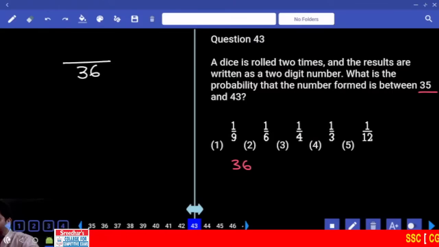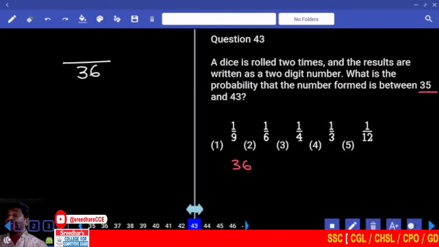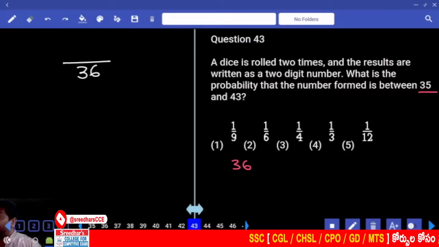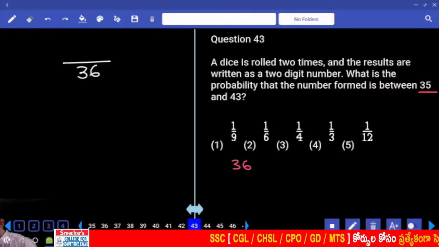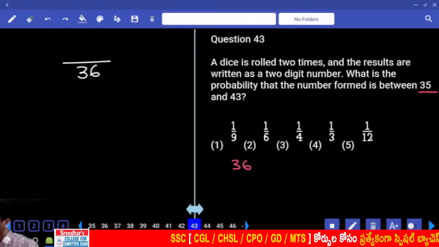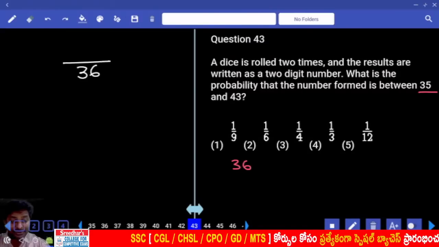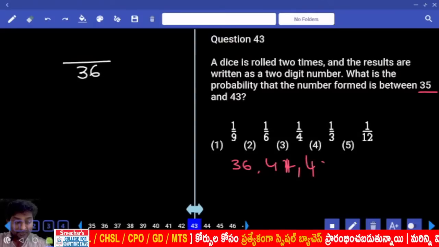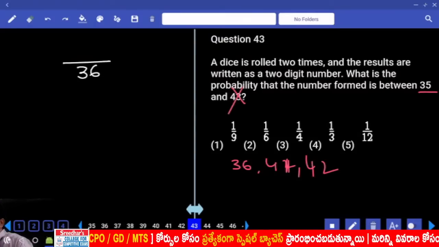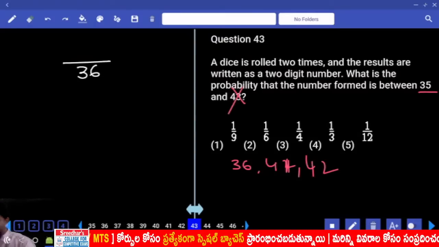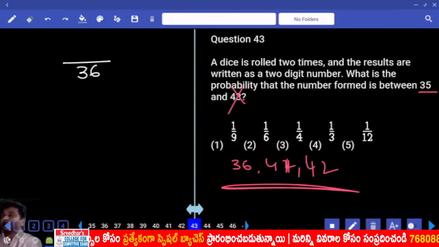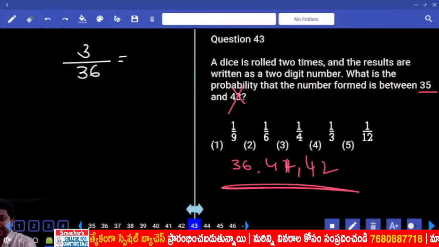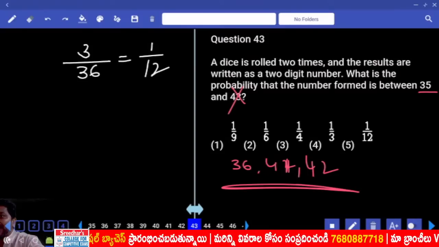You should use either 1, 2, 3, 4, 5, 6 only. But is it possible to get 37, 38, 39, 40, 41, 42, 43? It should be less than 43. So how many favorable cases are there? Only 3. So answer 1 by 12.